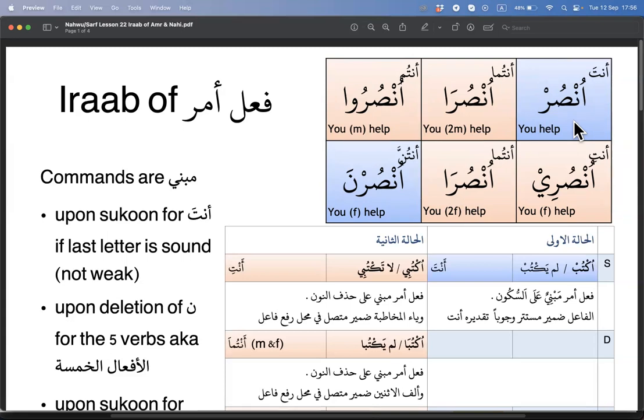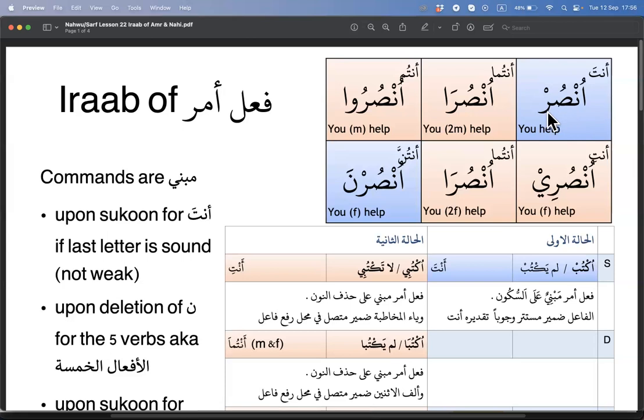Fa'il of anta is dhamir mustatir wujuban takdiruhu anta, because anta you cannot see. There is no alif or waw at the end, and nothing in front also. So anta is your dhamir mustatir, just like when you do mudhari.